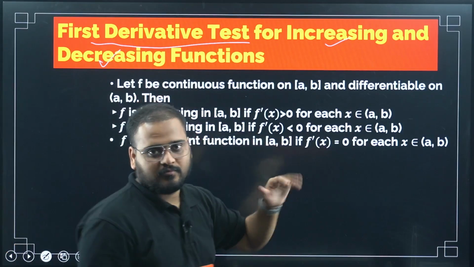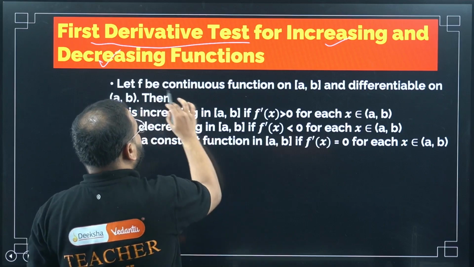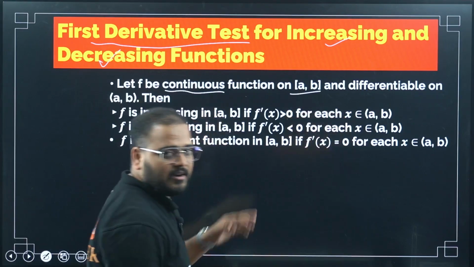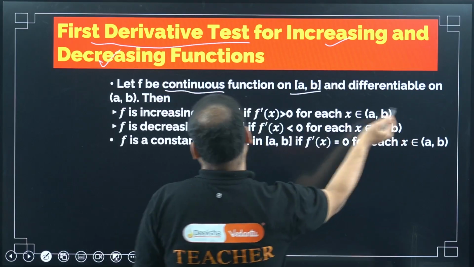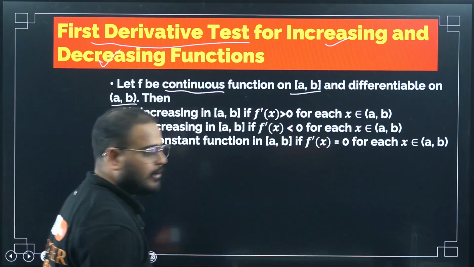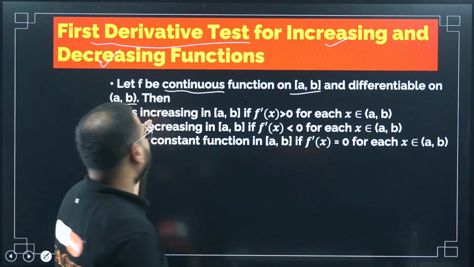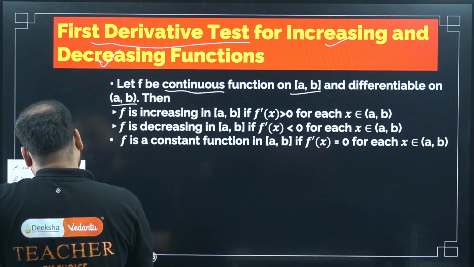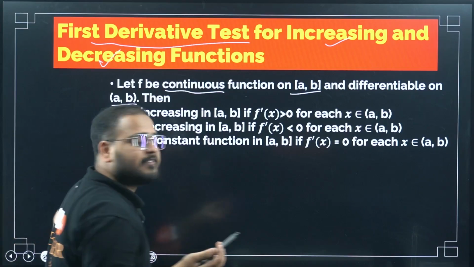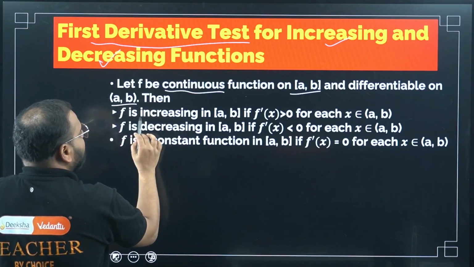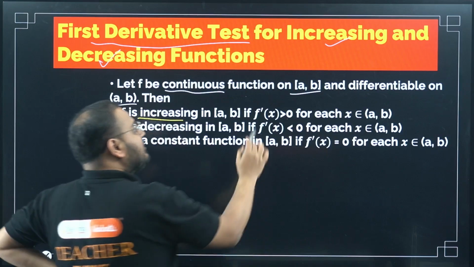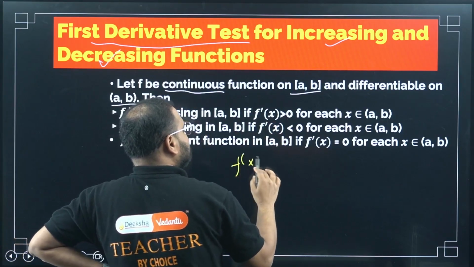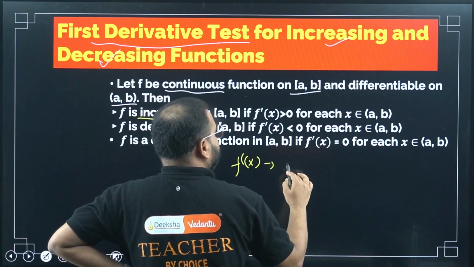First of all, the function has to be continuous in the interval, and differentiable in the interval A to B. Endpoints are not required, only A to B. Let's go. Understand this first statement. This was the increasing function. For f to be increasing, the derivative, which derivative, sir? The first derivative, f dash of x, right?